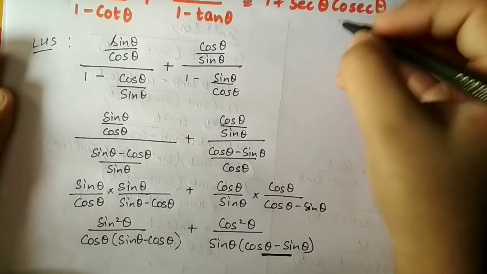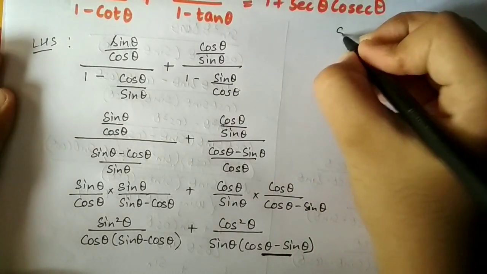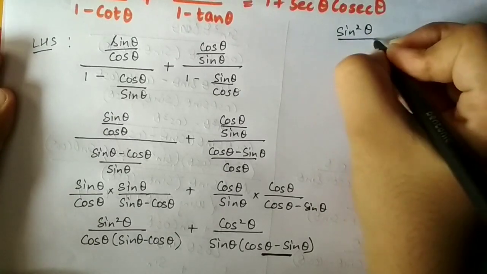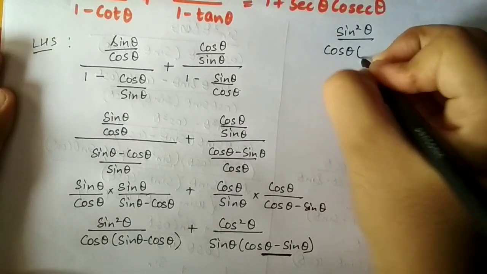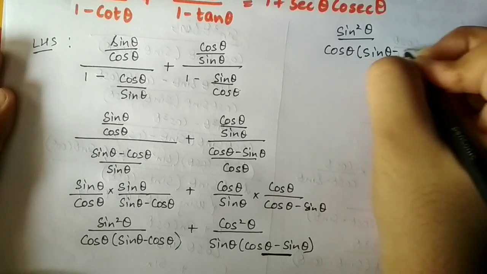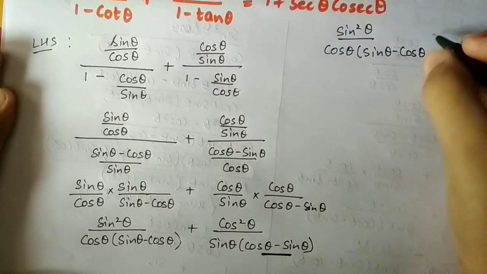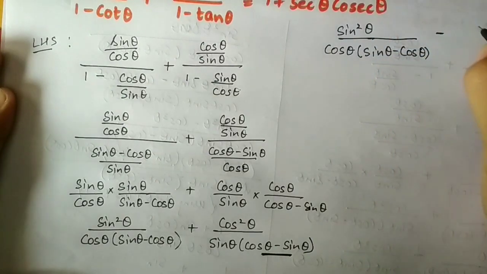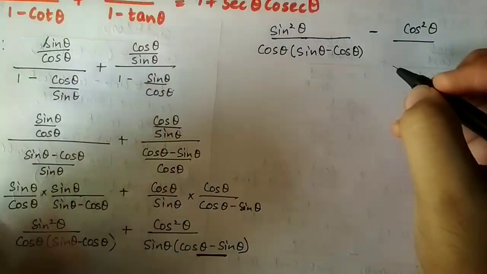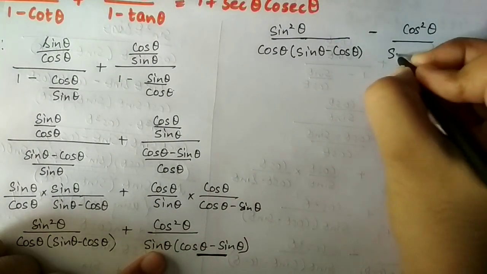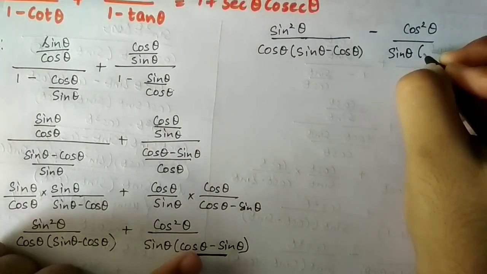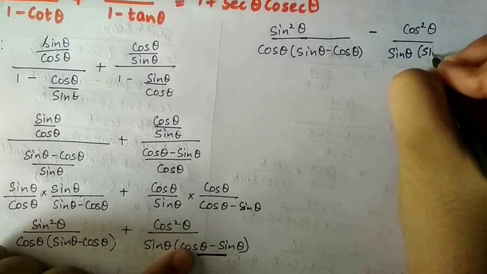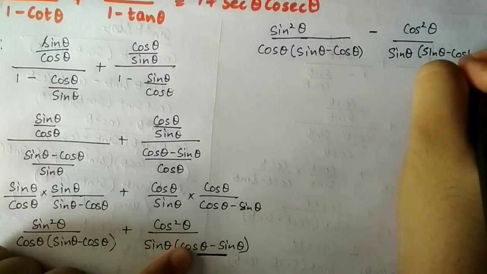So after this you write it as sin square theta upon cos theta into sin theta minus cos theta minus cos square theta upon, here you have sin theta into sin theta minus cos theta.